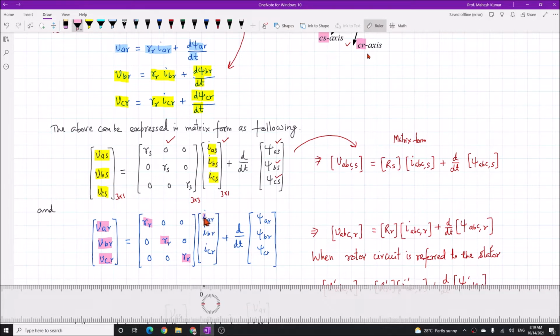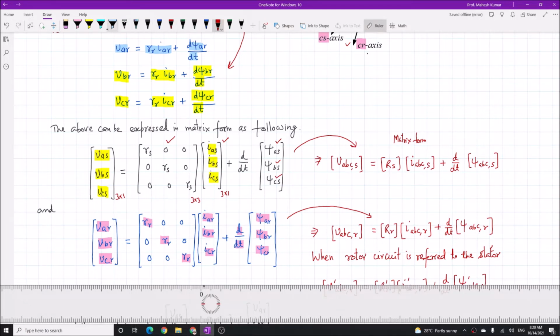And then this is IAR, IBR, ICR, d by dt of psi AR, psi BR and psi CR. And similarly, we can write in very concise form using the matrix that VABCR equals RR into IABCR plus d by dt of psi ABCR.